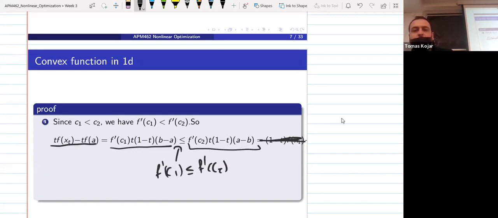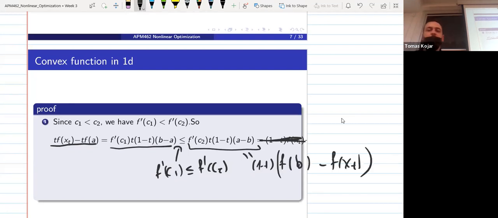And this one, we applied the mean value theorem from before, and it was 1 minus t, f of x of t minus f of a, no, b, like this. Okay? Do you understand?